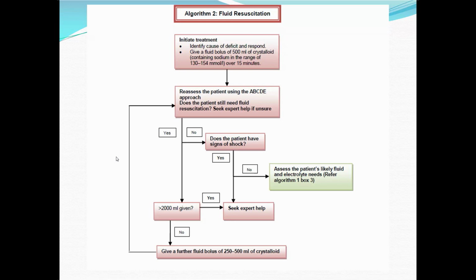And if the signs of hypoperfusion are improving, and you've got adequate parameters of adequacy of your resuscitation, then you can start de-escalating the fluid boluses. At that point in your reassessment, you have to decide, am I going to continue fluids because of any ongoing losses or a maintenance mode or not?